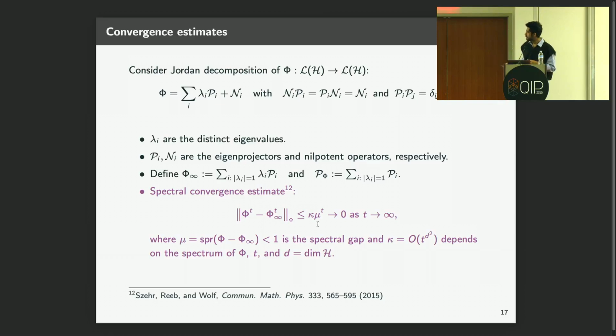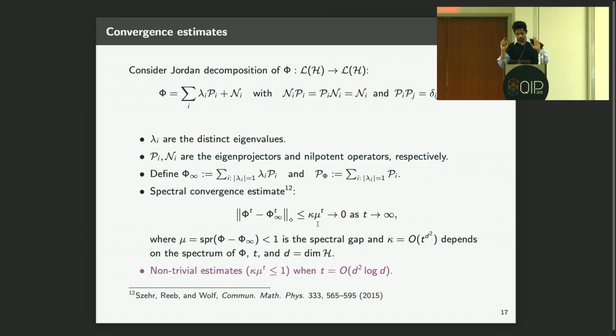And as t goes to infinity, the semigroup will converge to its asymptotic part like this. You can show that for any sort of noisy process, as long as the spectral gap is not too wild, in the sense that it doesn't go to 1 quickly, this asymptotic behavior starts to kick in after a time of the order of d squared log d.